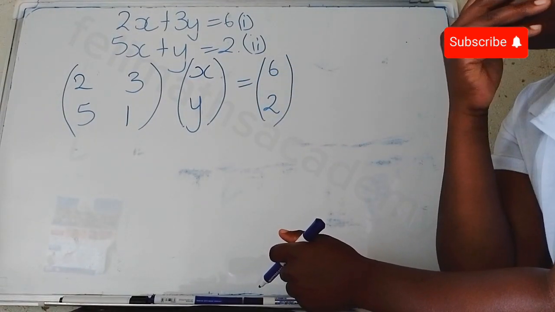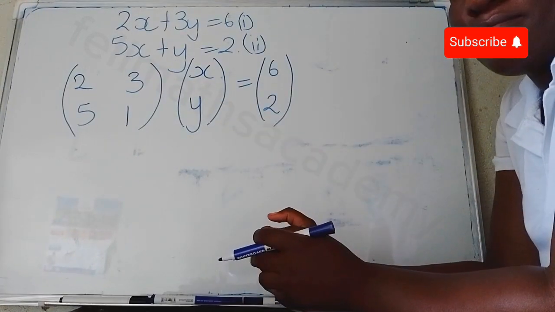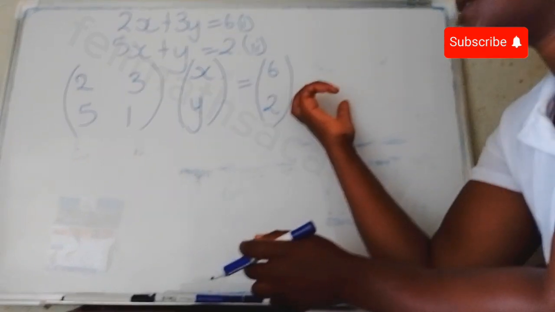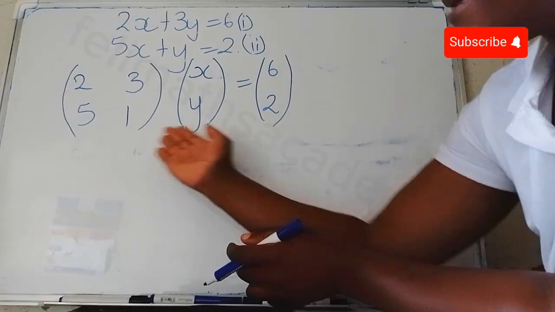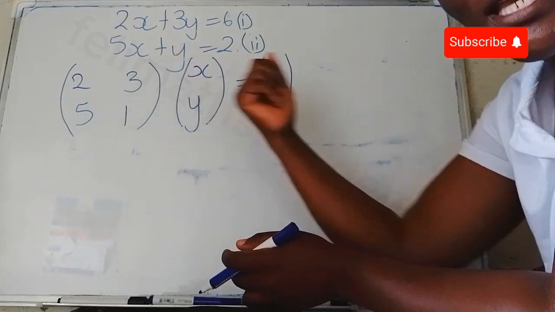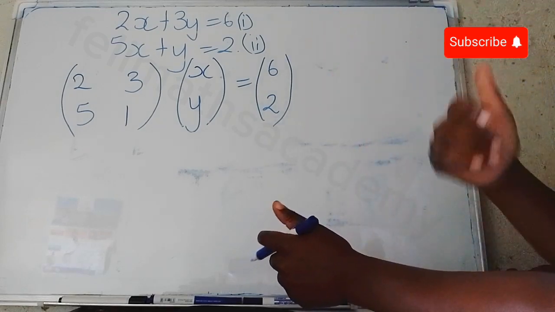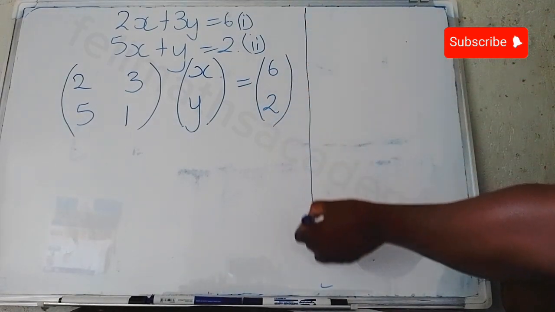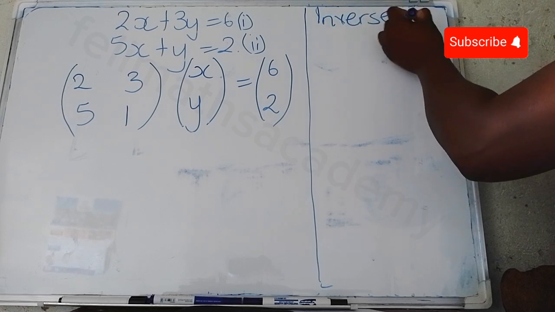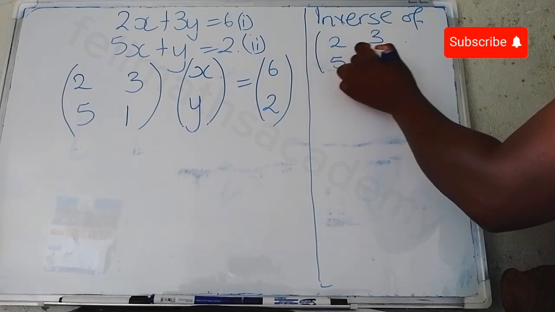Then we want to find the inverse of this matrix, right? We want to move this matrix to this other side. So it's just the same as dividing by this matrix, and dividing by this matrix is just the same as multiplying by its inverse. We are pre-multiplying by its inverse. So we want to find the inverse of 2, 3, 5, 1.